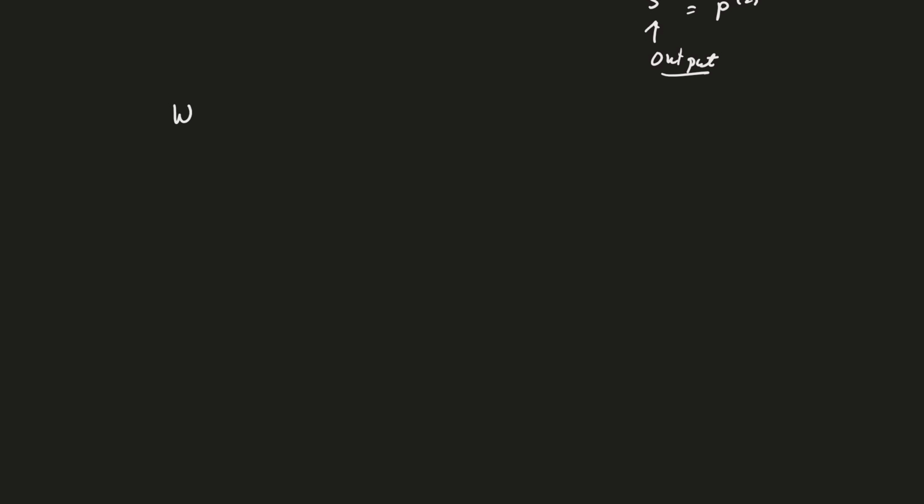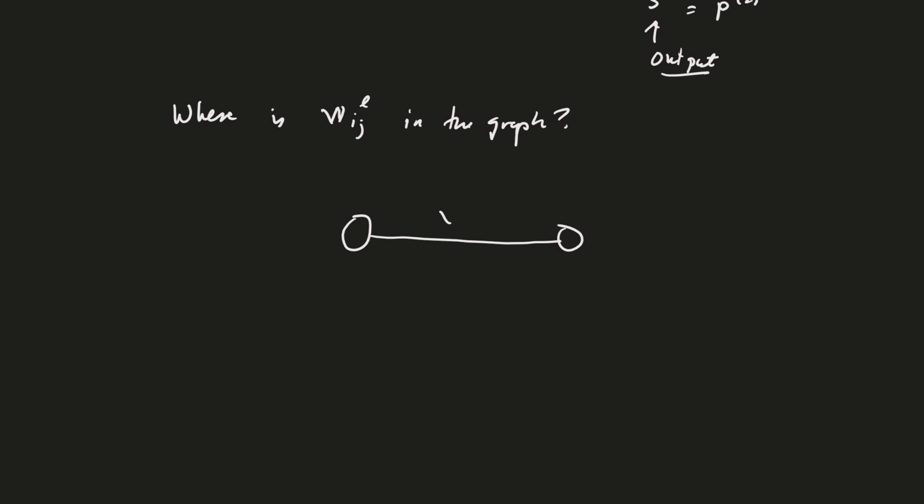So where is the weight Wijl in the graph? What is it connecting? Well, it's an edge between two nodes, right? And so this would be Wijl.